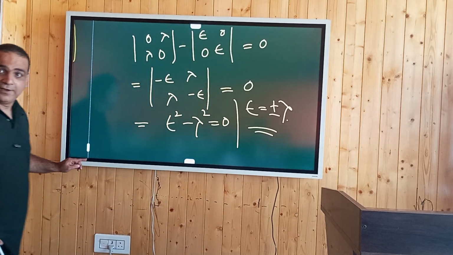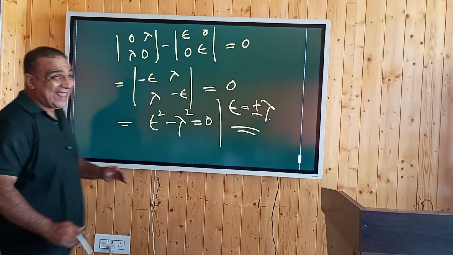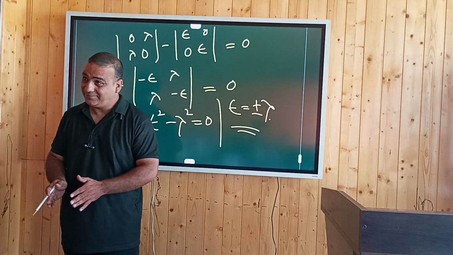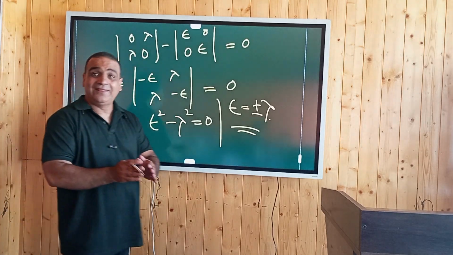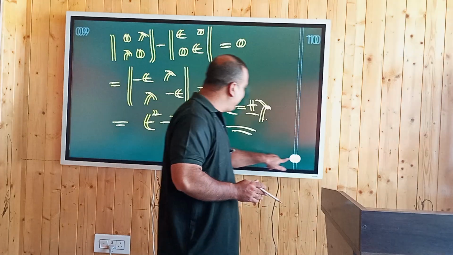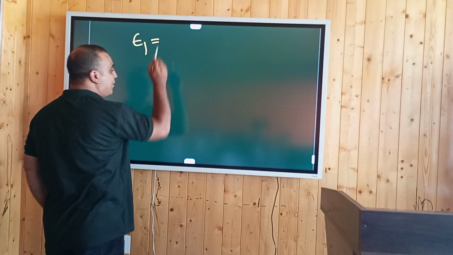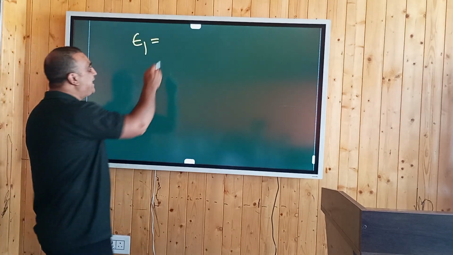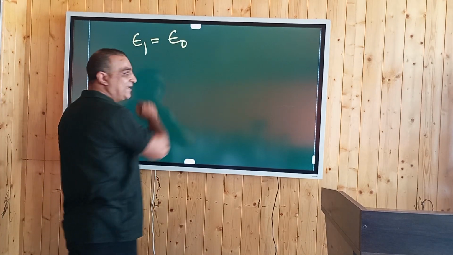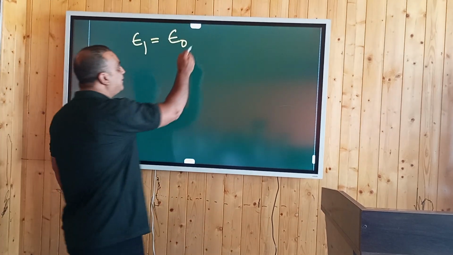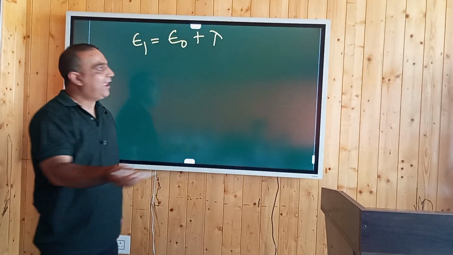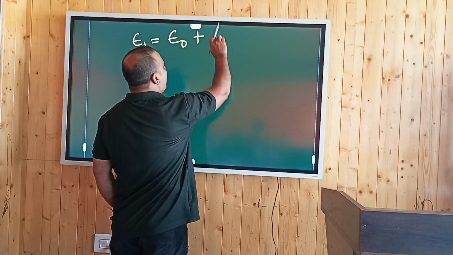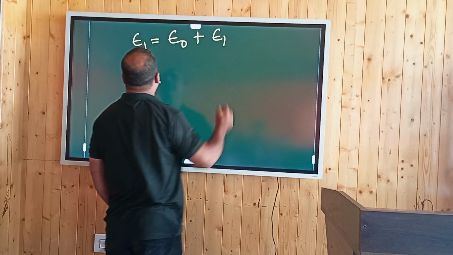So you had an unperturbed energy, and now you have calculated the correction. What will be your new energies? Epsilon 1 will be the unperturbed energy E0 plus lambda.